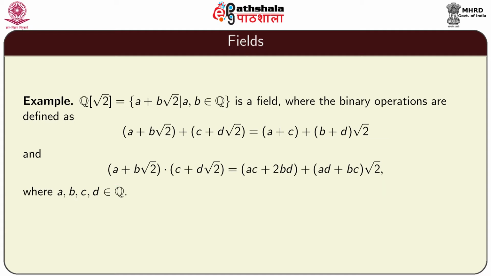Then it is not a very difficult task to prove that this is a field with respect to these two binary operations. That means Q(root 2) with respect to plus is an abelian group, Q(root 2) minus 0 with respect to dot is also an abelian group, and the distributive property connecting plus and dot holds.